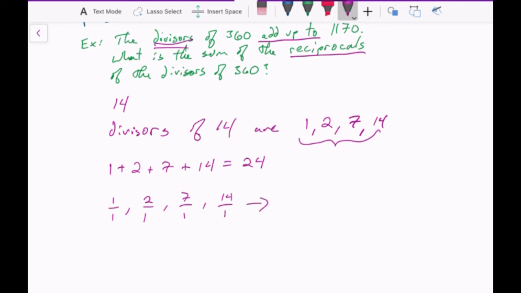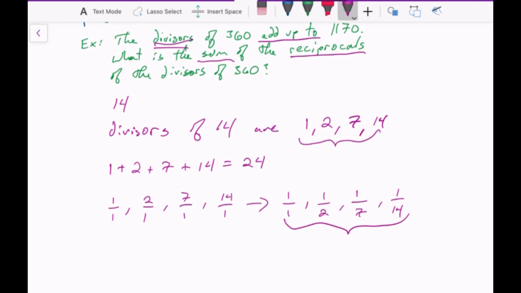The reciprocals are those fractions flipped. So 1 over 1 flipped is the same, but 2 over 1 flipped is 1 over 2, so 1/2. 7 over 1 is 1/7, and 14 over 1 is 1 over 14.